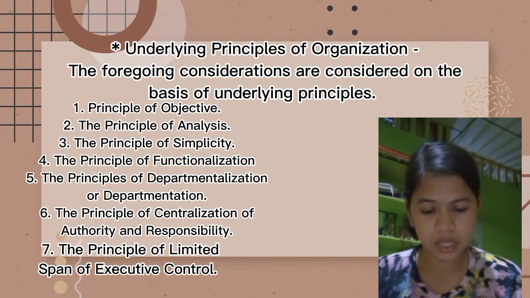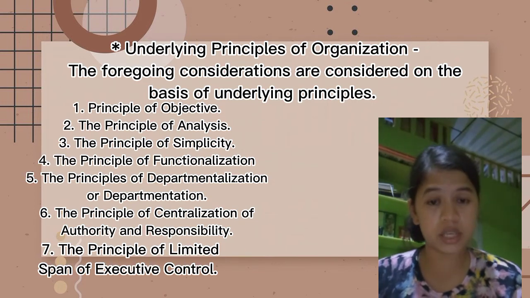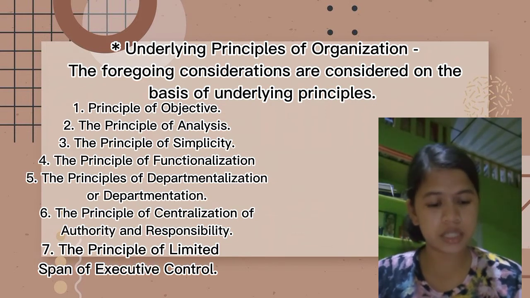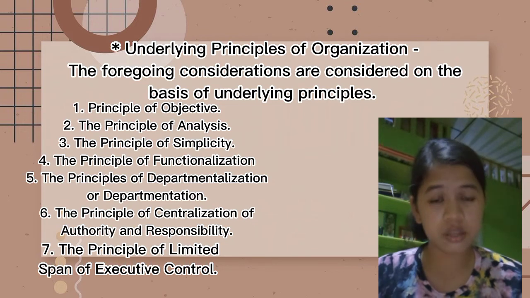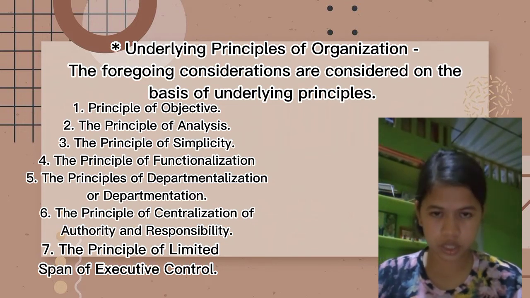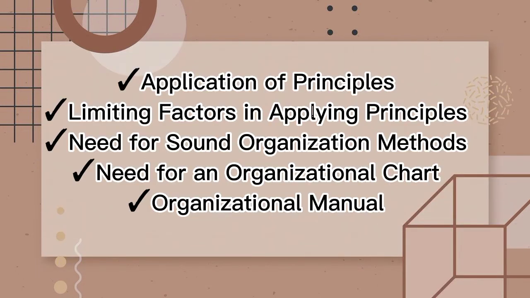And lastly, the principle of limited span of executive control. This is a limiting factor on the number of organizational units, and their arrangement is an organization structure. On the other hand, operative supervision tends to require more manual effort.